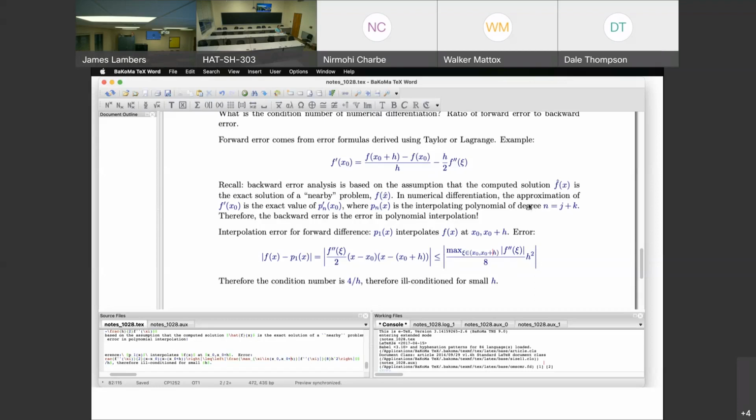It is, in the sense that, based on this, this error is going to 0. The condition number is not really so much about accuracy, but rather sensitivity. A small change in f can lead to a large change in the approximate derivative. That's the sort of thing you don't want to have happen, because then it makes your answers hard to trust.